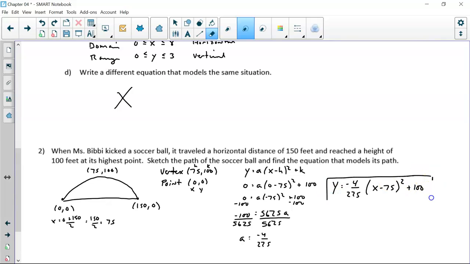There's the equation of our parabola. So now we're going to go to problem number 3.